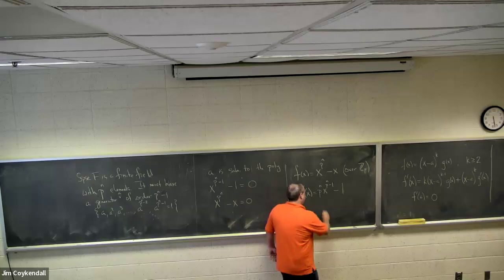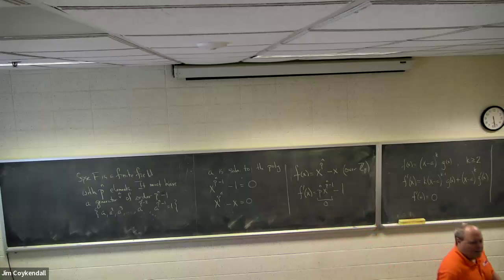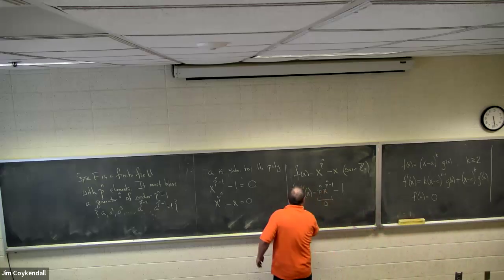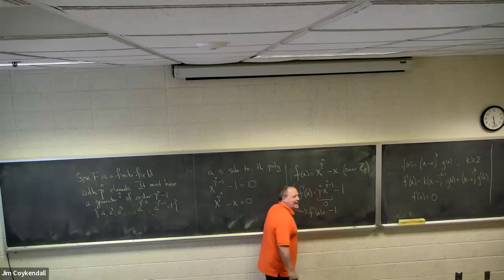This is zero. Why? Because the field is characteristic p. When you add one to itself p times, it's zero. So if you add anything to itself p times, it's zero. So the derivative of this polynomial is -1.